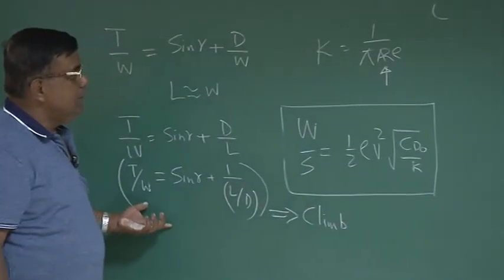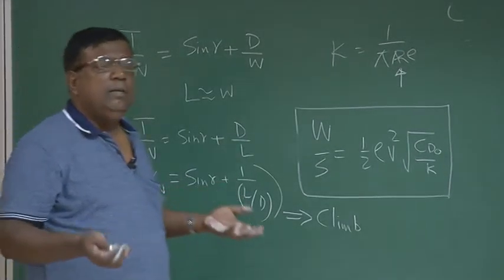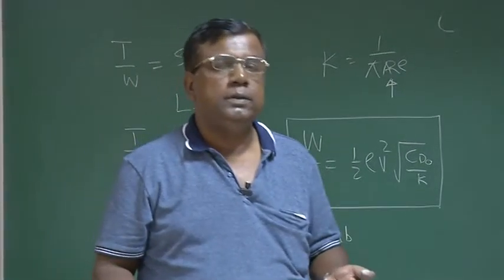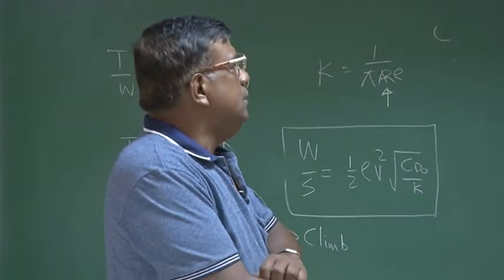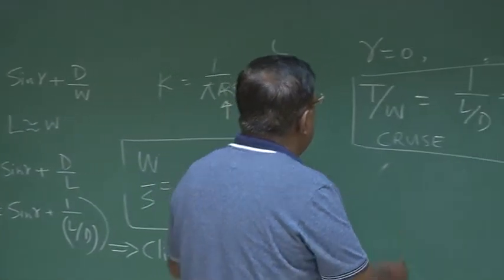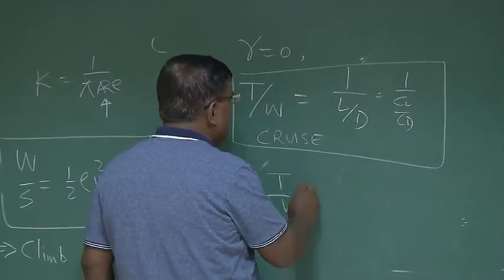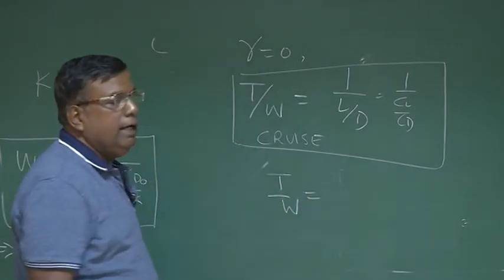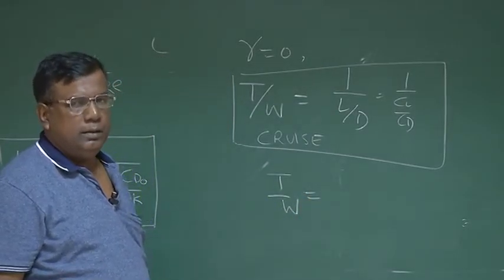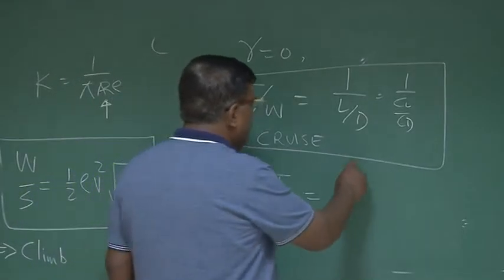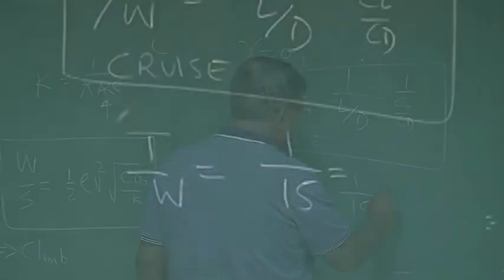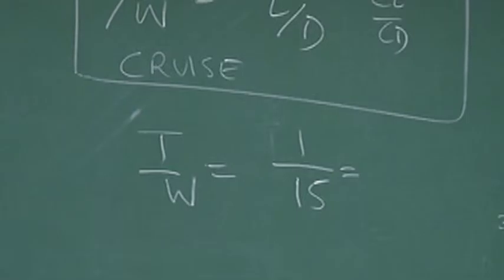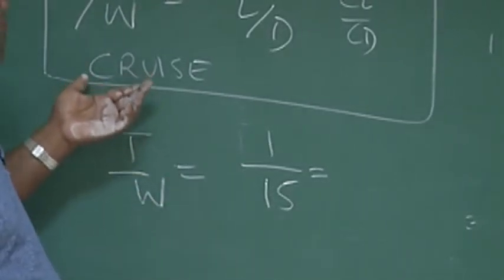Typically, T by W should be how much for a cruise airplane? For a cruise, let's say CL by CD I am flying at is 15, a good number most of the time. So it will be 1 by 15. We are looking for a rough estimate of T by W during cruise.